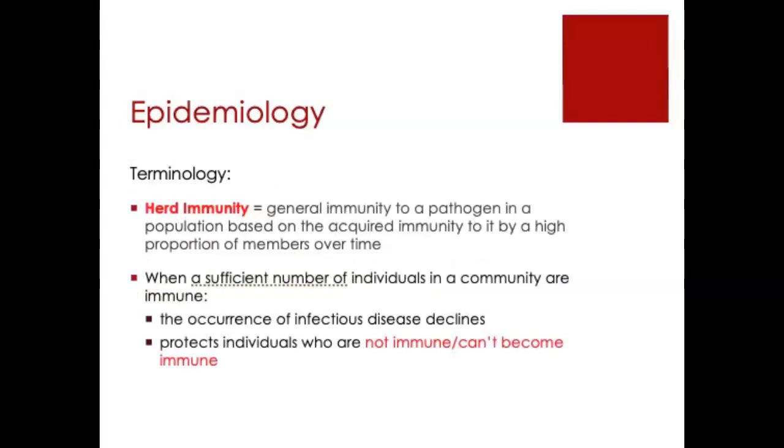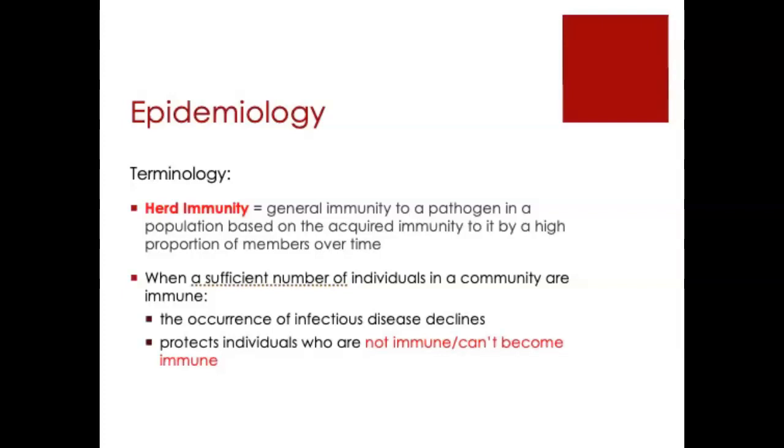Another very important term in epidemiology is herd immunity. Herd immunity is a measure of the immunity to a pathogen in a population. It's based on acquired immunity, which is the immunity that comes from either exposure to the pathogen or vaccination against the pathogen.